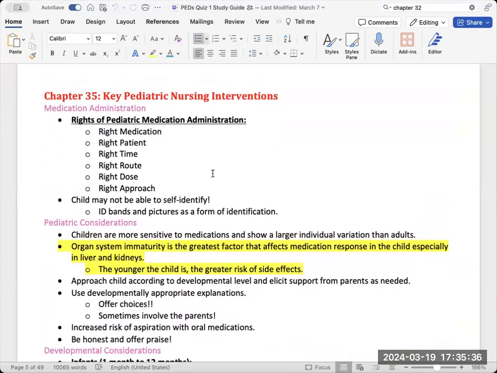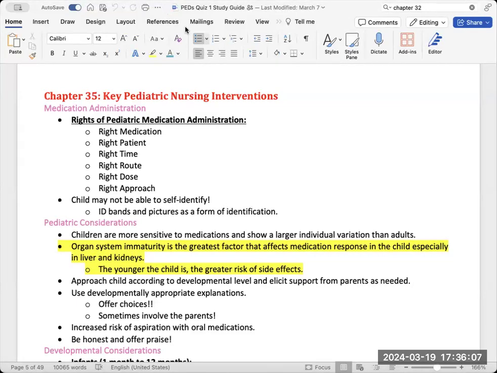And for pediatrics, this includes right medication, right patient, right time, right dose, right route, right frequency, and also the right approach. Once again, you're not going to tell a toddler, "I'm going to give you your atenolol now." You're going to say, "I'm going to give you something special to help your heart, okay?" Things like that, right?